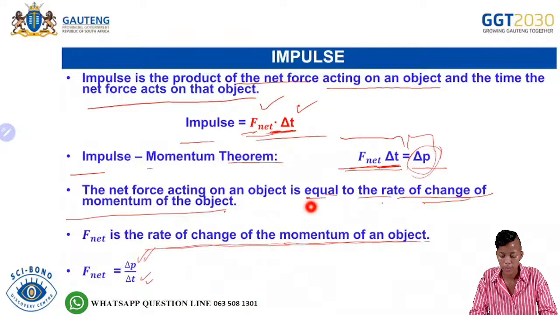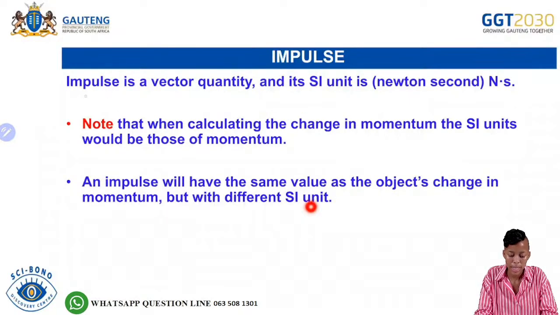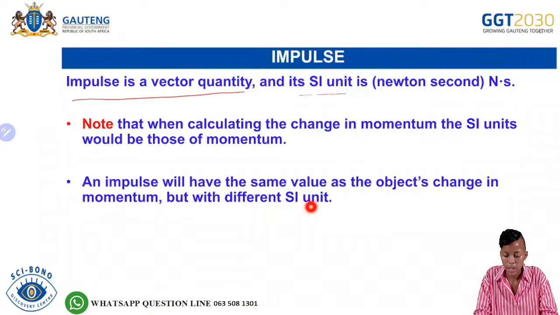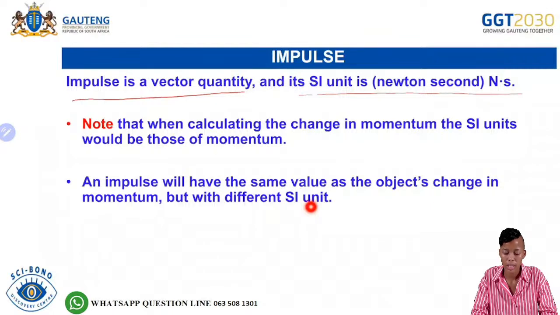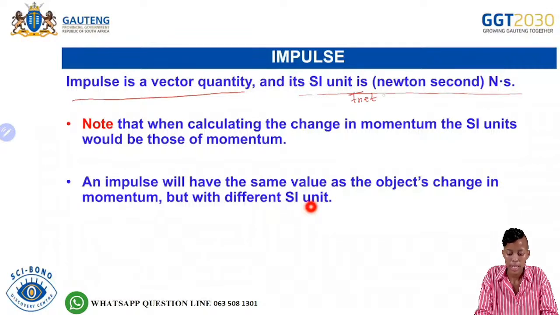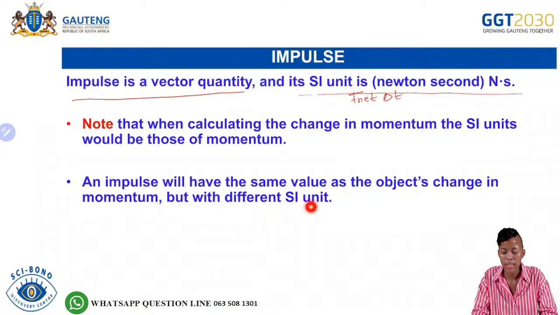Okay, so it says impulse is a vector quantity and its SI unit is Newton second, not Newton per second, but Newton second. So where is the Newton second coming from? The Newton is coming from the F net, and the second is coming from the time.